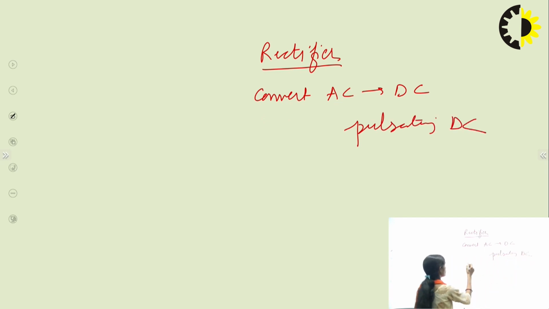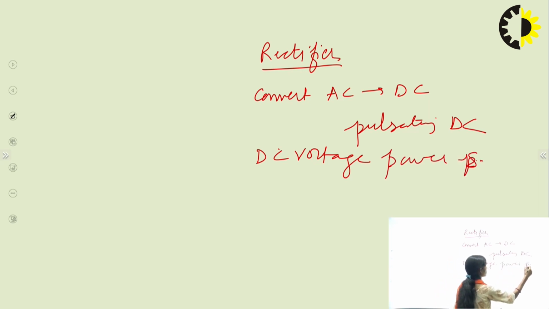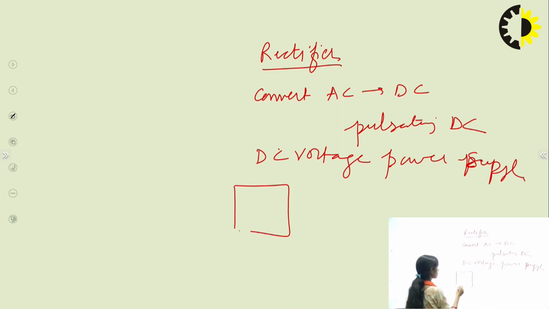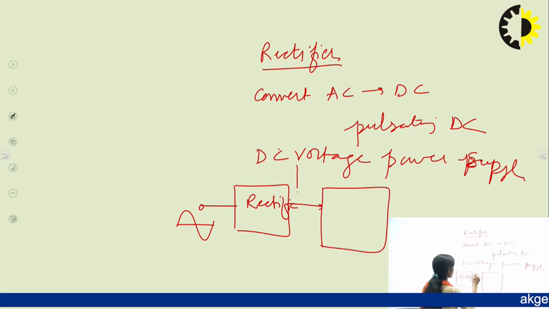Actually rectifier is a part of the DC voltage regulator, the DC power supply. So for power supply we have to connect one rectifier first. The input is AC signal. This AC signal is at the input of the rectifier, and after this we get the signal which is either half wave rectified or full wave rectified. This half wave or full wave rectified signal is referred to as pulsating DC.